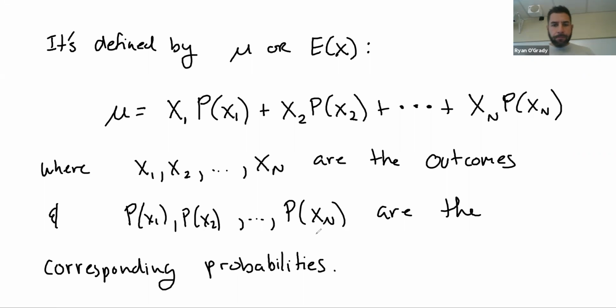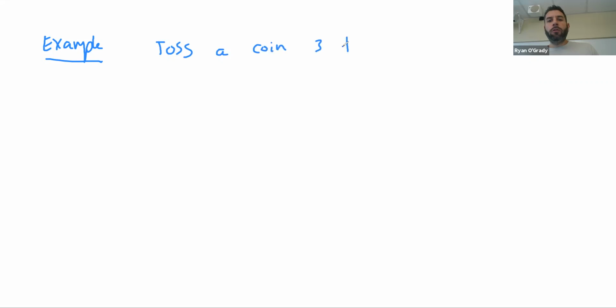Okay, so again, do not get overwhelmed. Let's go right to an example. In fact, we'll do the example we just did. So let's toss a coin 3 times and count heads. So what are our options? Well, the first event is X sub 1, where we get 0 heads.